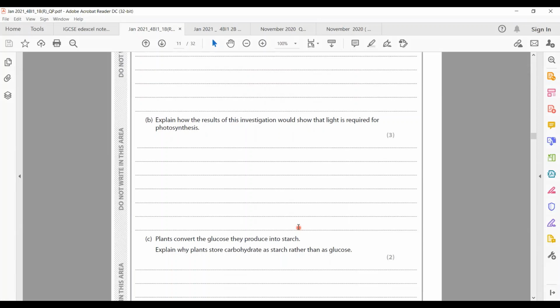But I'll tell you something: we do destarching, and we also put the leaf in boiling water and in alcohol in order to dissolve the chlorophyll, so it's not going to be green. The result of this investigation would show that light is required for photosynthesis.